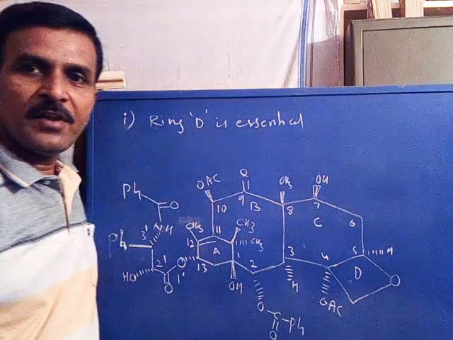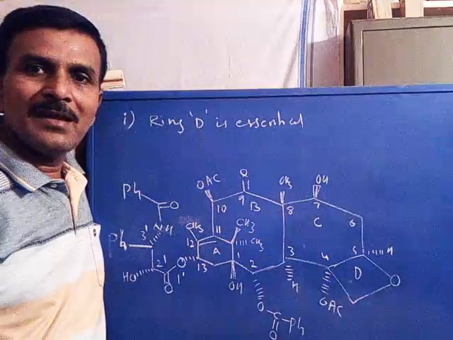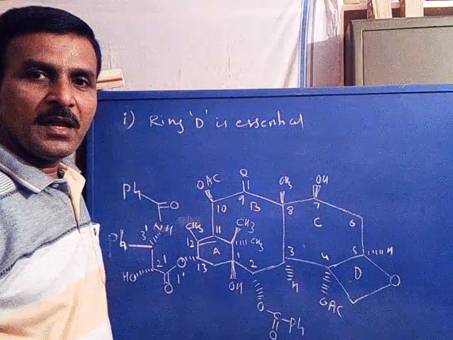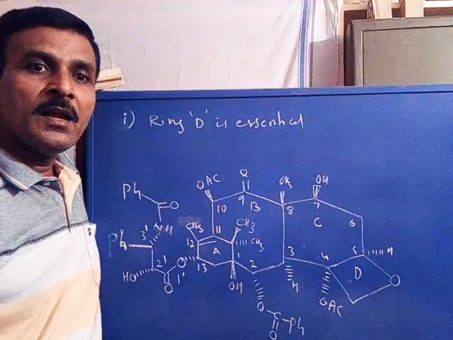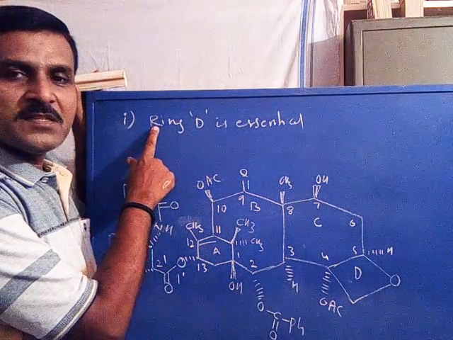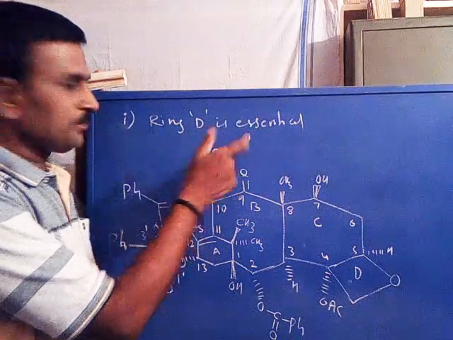The presence of ring D is essential for its anti-cancer activity. When we change ring D or remove ring D, it loses its activity. So the presence of ring D is essential.